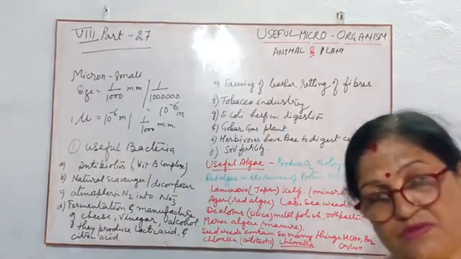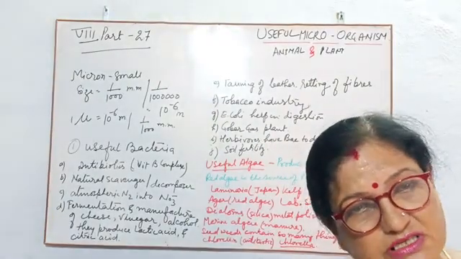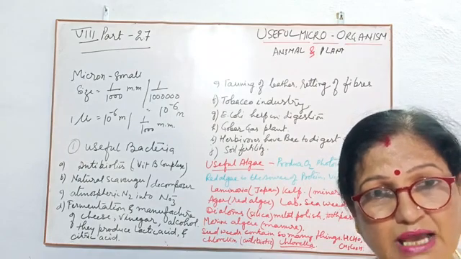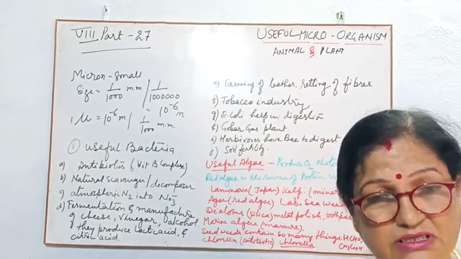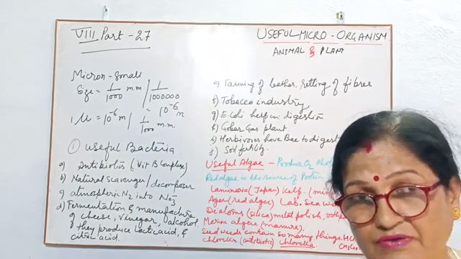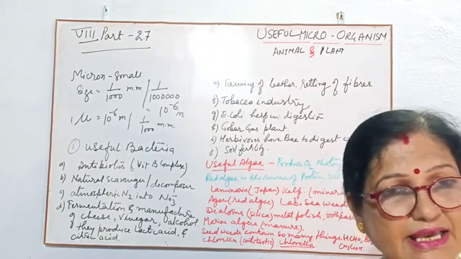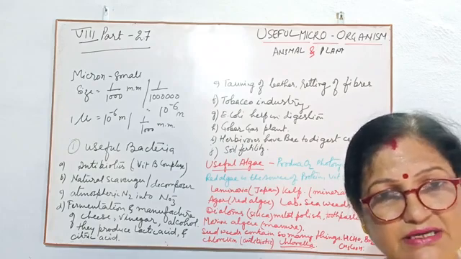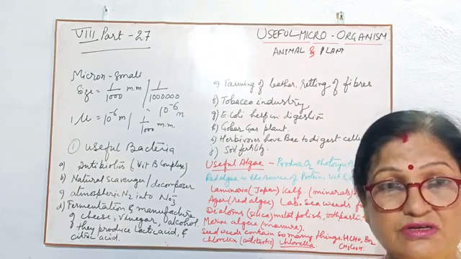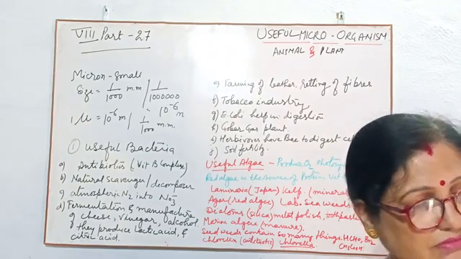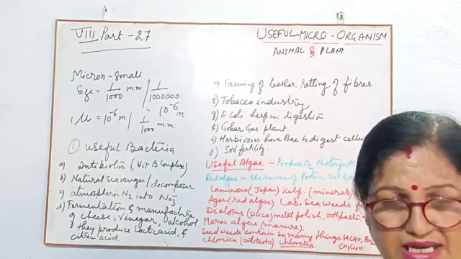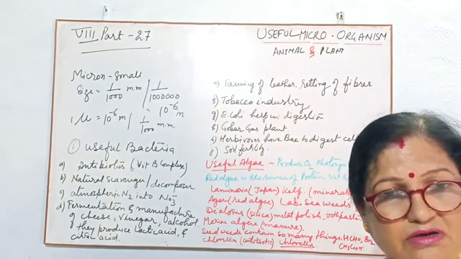This oxygen is used by the aquatic animals because they can intake oxygen from the water, by the process of diffusion, that oxygen will be dissolved in the water, and from that dissolved oxygen they can use it.